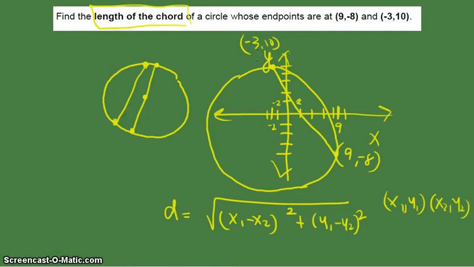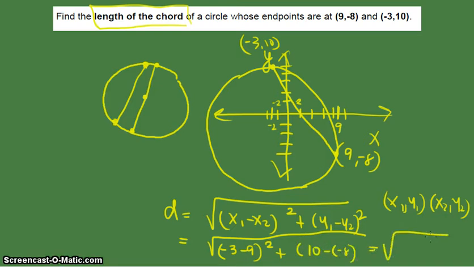In this case, we have (-3, 10) and (9, -8). All we have to do is use this formula. So we have (-3 minus 9) squared, those are your x, and for the y, we have 10 minus negative 8.